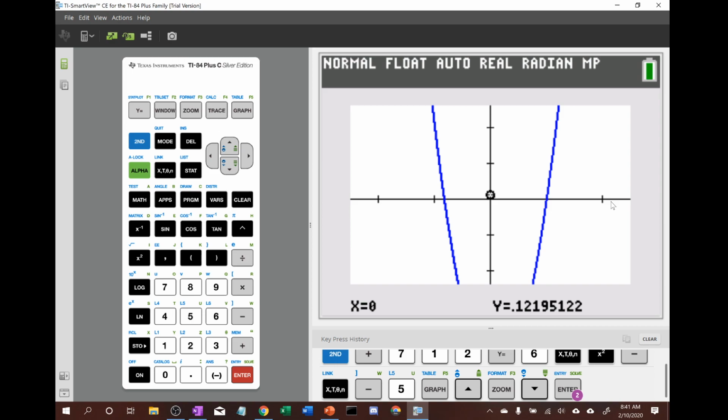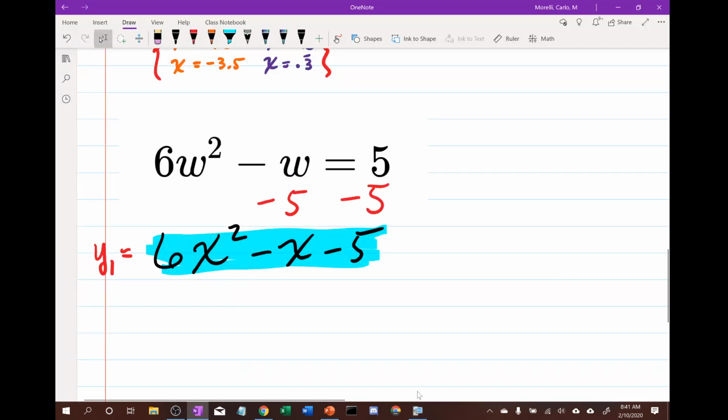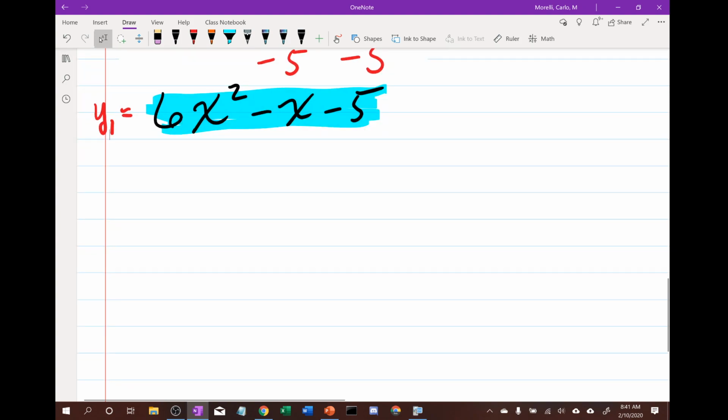Oh, now so we got to learn this, all right? You're going to write this down in your notes because you're going to have a chance to use your notes on the test. So, how to find zeros on TI.